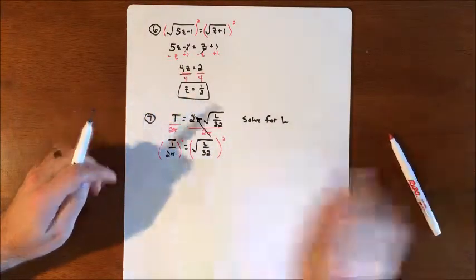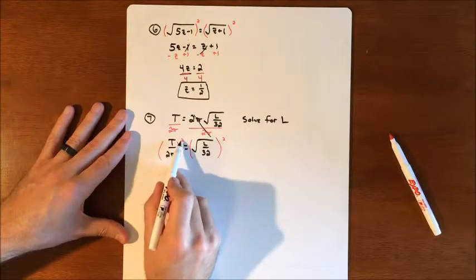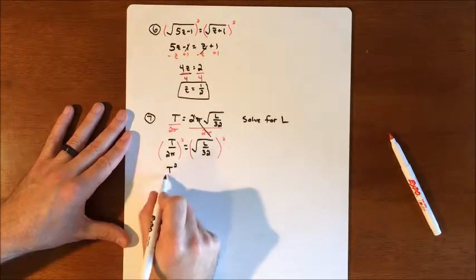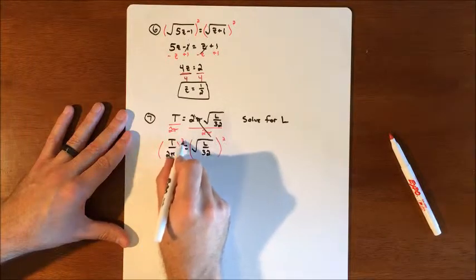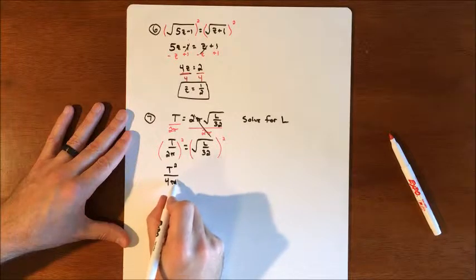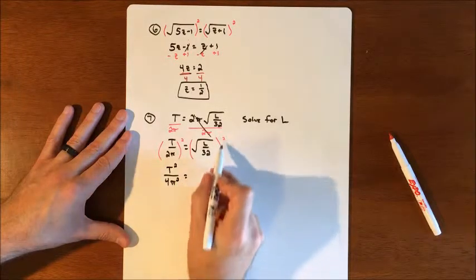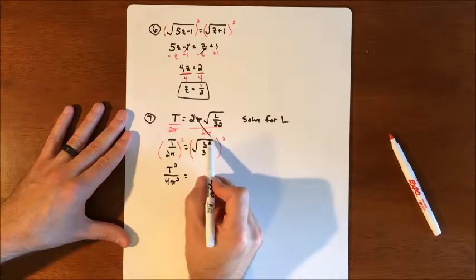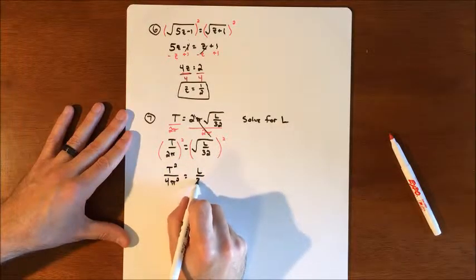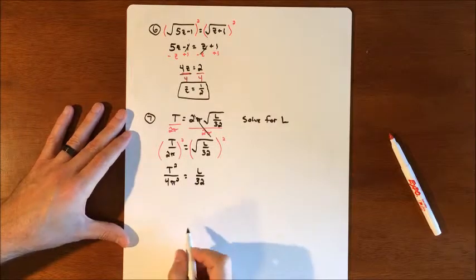So on the left side, we're going to take this square and apply it to everything on the inside. So that'll be T squared. That'll be a 2 squared, which will be 4. And then pi squared. On the right side, the square and the square root cancel each other. So you're just left with L over 32.